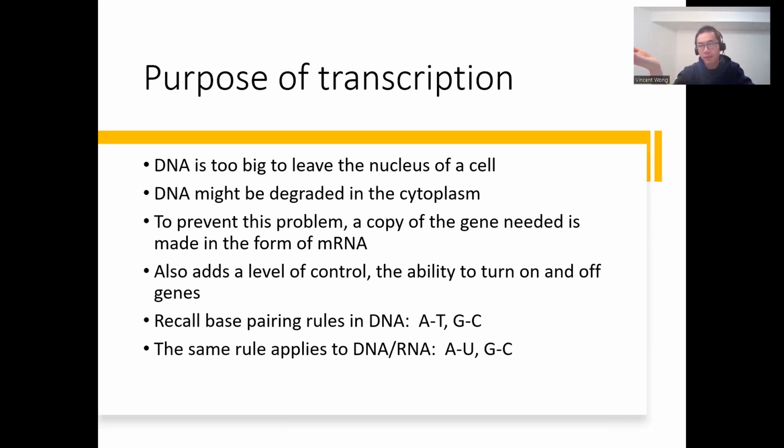DNA won't fit. If you think about mitosis, which we learned last class, in order for the DNA to come out, you actually have to break down the nuclear envelope, right? So it's really big. It's not going to be able to come out. And we don't want it to come out anyways. If the DNA comes out, it might degrade, it might break down in the cytoplasm. We cannot allow that to happen.